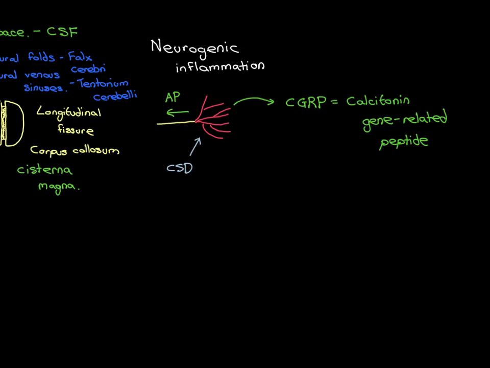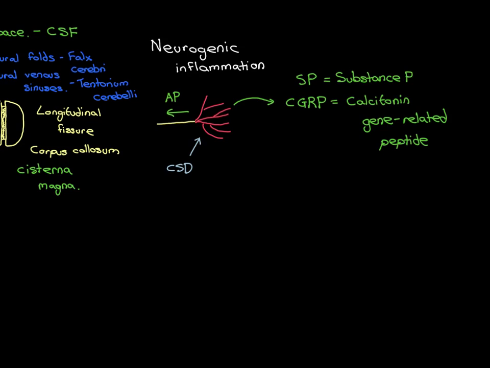It's a peptide molecule, just like interleukin-1 and tumor necrosis factor alpha are indeed peptides. The other big mediator of neurogenic inflammation is SP, which stands for substance P. Again, this is a protein mediator.